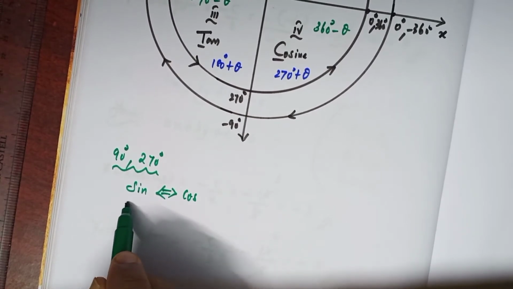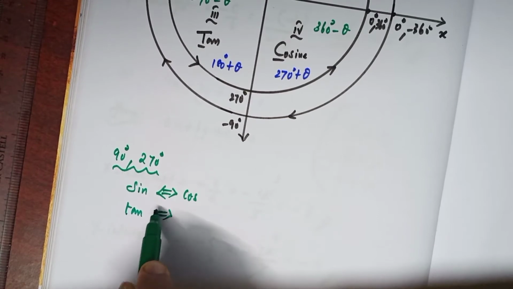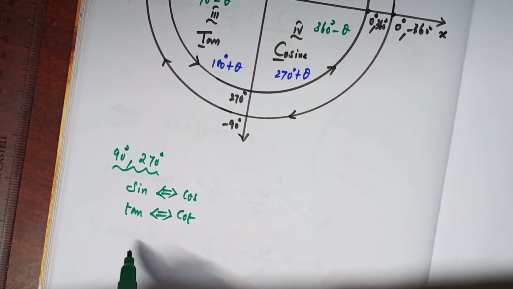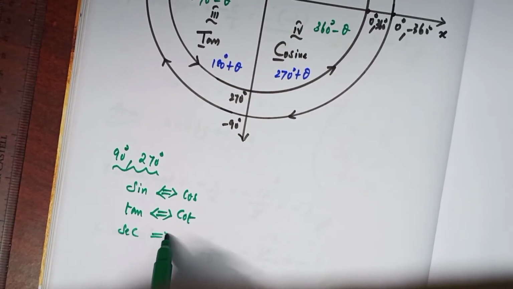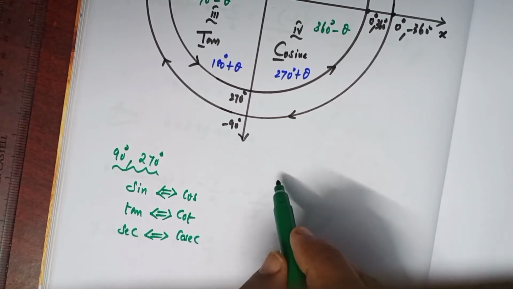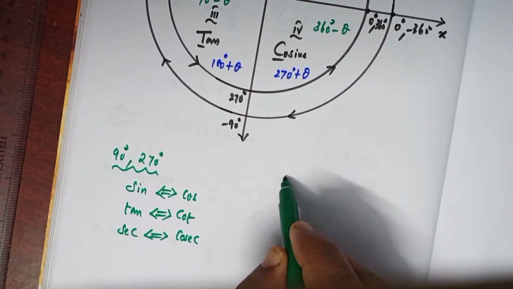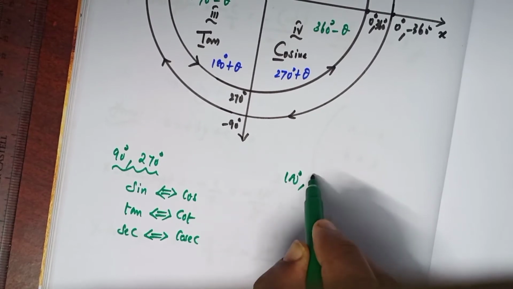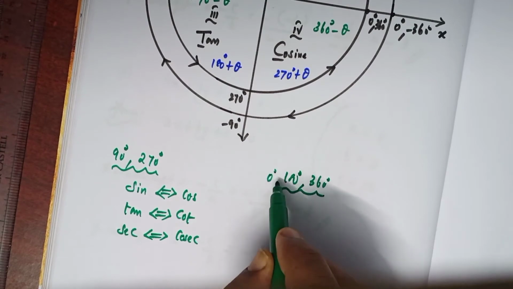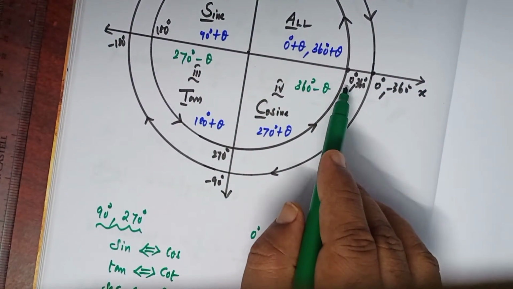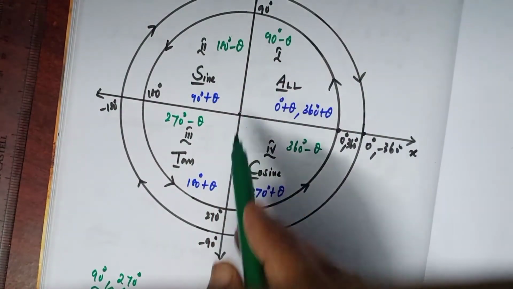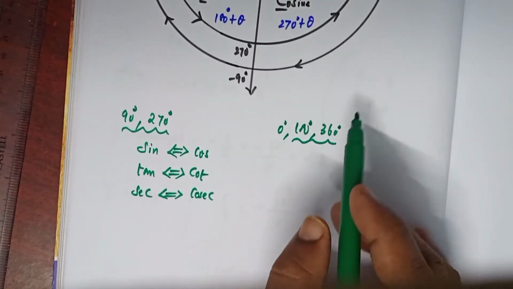Now tan becomes cot, cot becomes tan, particularly for 90 and 270. And secant becomes cosecant, cosecant becomes secant. Similarly for 180 degrees and 360 degrees, even for 0 degree, 0, 180, 360 in x-axis, 90 and 270 in y-axis.